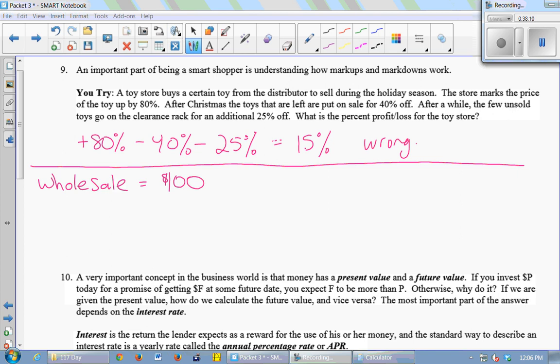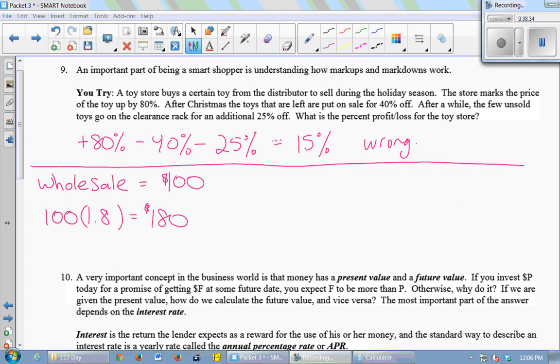All right, so if the toy store marks $100 up by 80%, what do I multiply by to increase by 80%? 1.8, because 1 for keep 100% of it, plus 80% more, 0.8. So that comes out to $180.